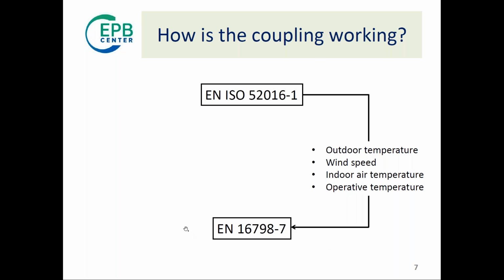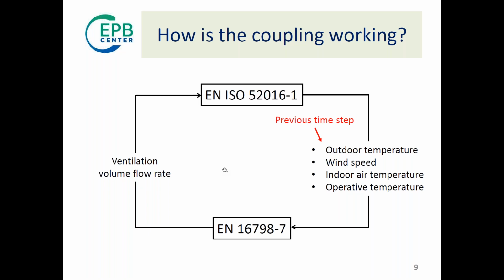And then the calculation is done here, and as information going back to the building energy needs calculation, there is the ventilation volume flow rate. In this coupling that I have performed here for this presentation, this is actually information taken from the previous time step.